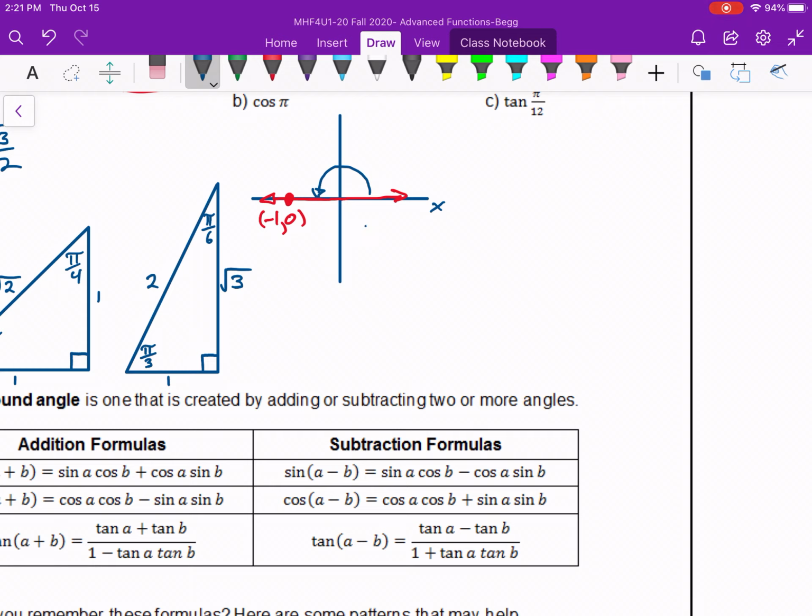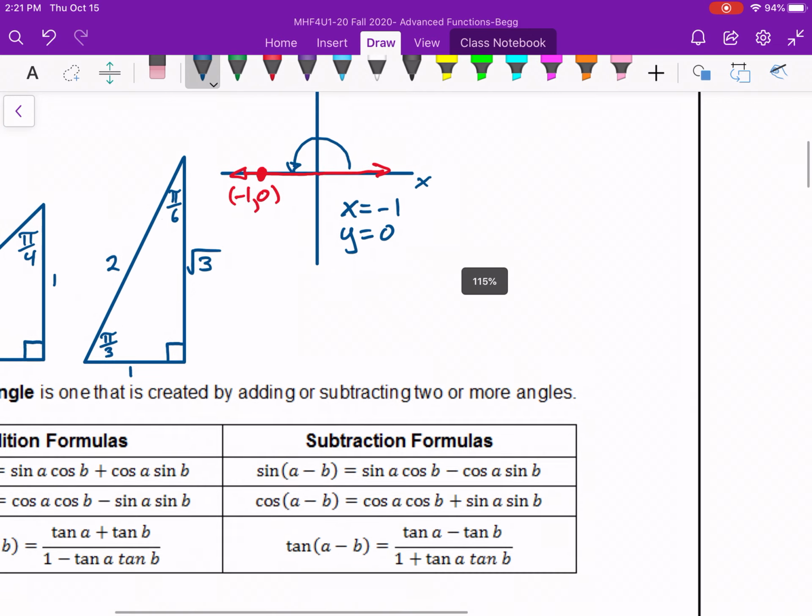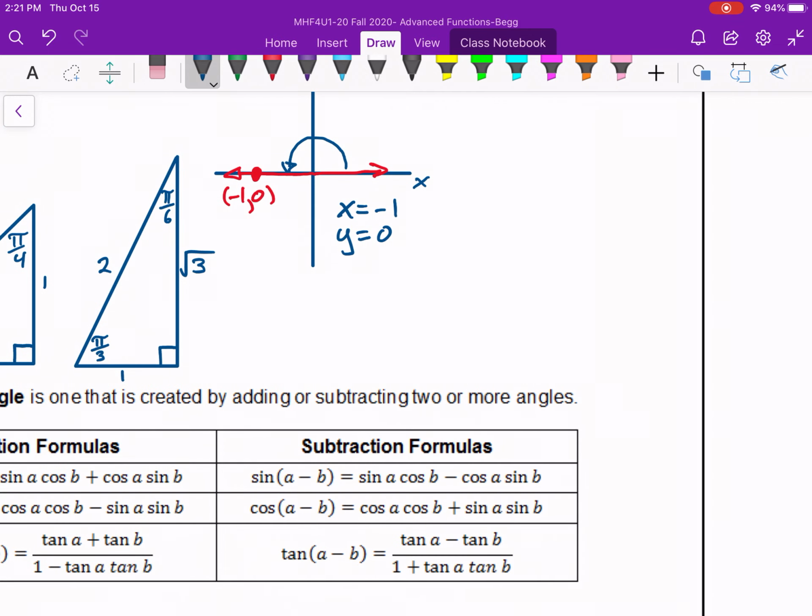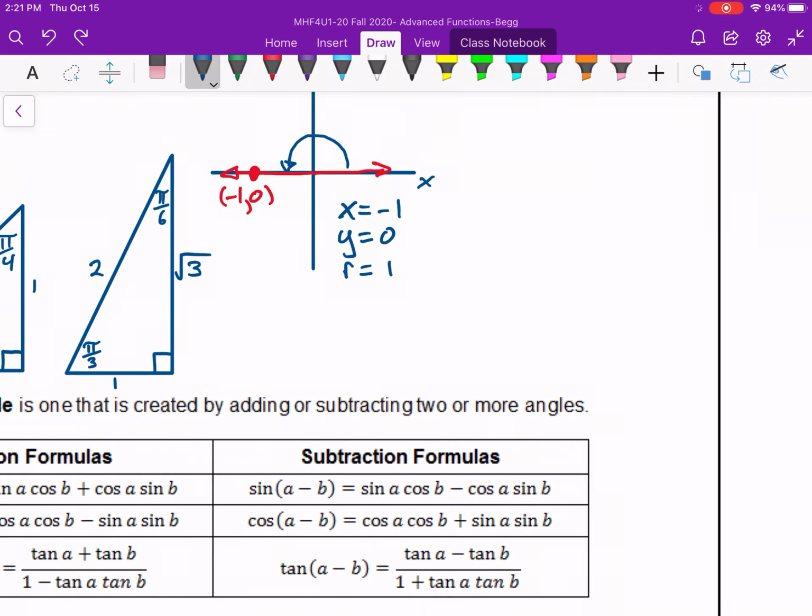So x is just our x-coordinate, which is -1. y is just our y-coordinate, which is 0. And r is the radius. And the radius is just 1, because it's always positive. It can't be negative. And if this was a circle, then the radius of that circle would be the same as the x-coordinate. It would be 1. So those are our x, y, and r values.